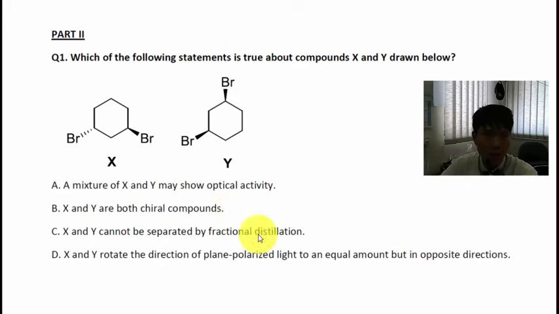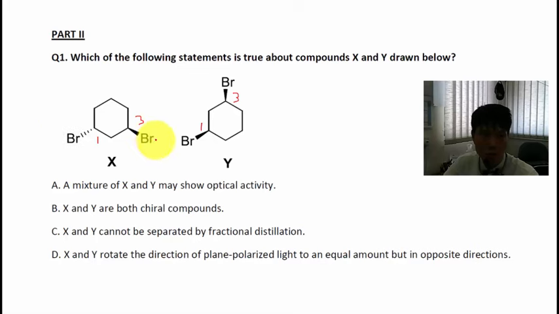When I see this, first of all, I see X in this case has 2 chiral centers, same for Y. For X there are 1, 3 positions, and for Y it is the same, 1, 3 positions. Let me just draw it for you. This is 1, 3, and this is also 1, 3.